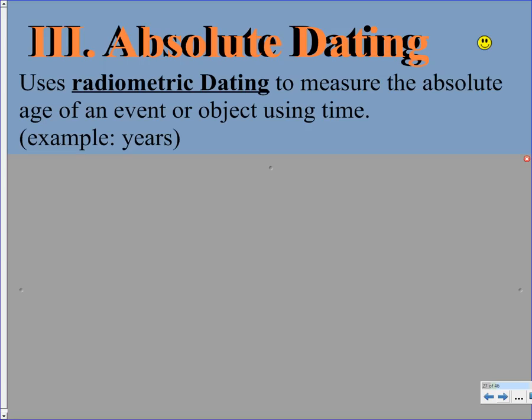Now we can say the Earth is this many years old, or the fossils in the Earth are this many years old. We're no longer saying this rock is older than another rock. We're now saying that this rock layer is 4 billion years old, or 2 billion years old, or 1 million years old.